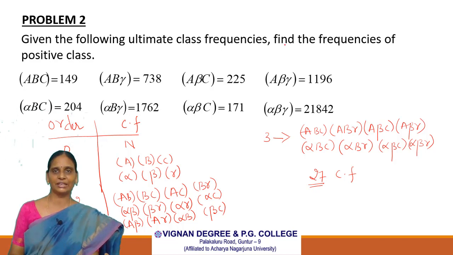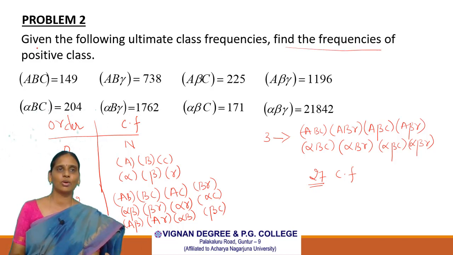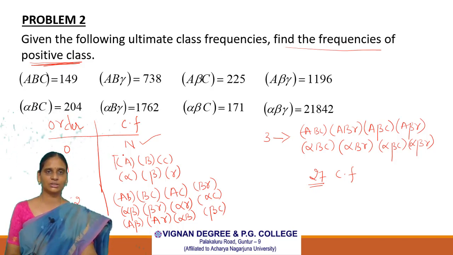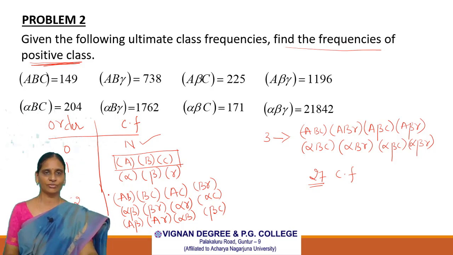Here we have to find the frequencies of only positive classes. Positive classes means here in the 0th order capital N, in the first order frequency of A, frequency of B, frequency of C. In the second order, frequency of AB, frequency of BC, frequency of AC.